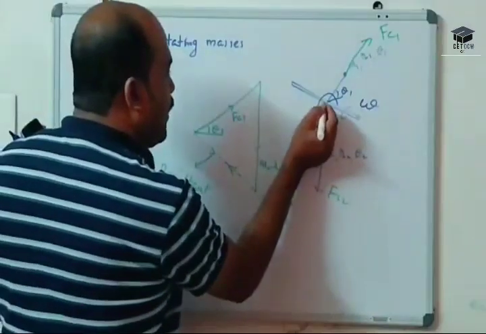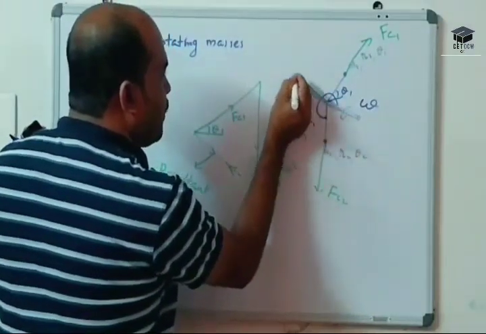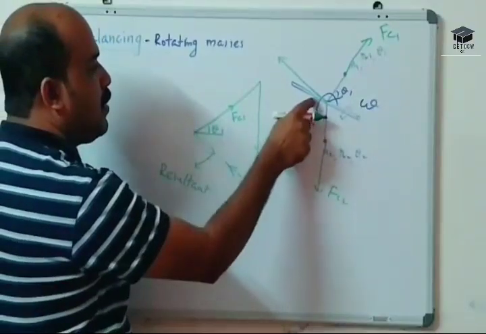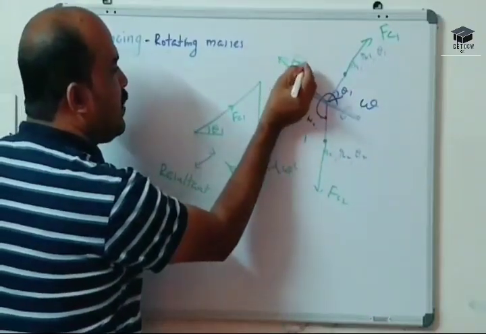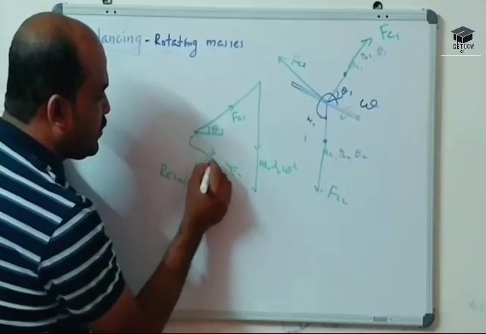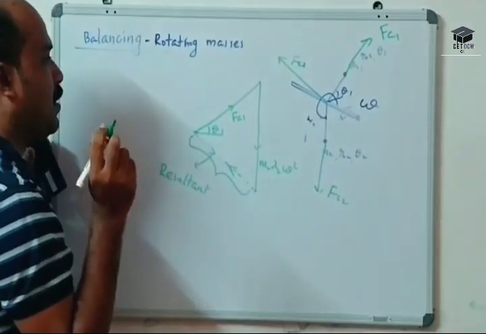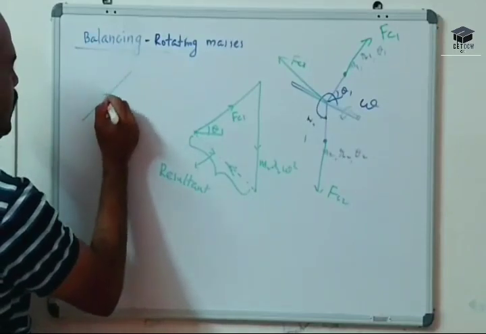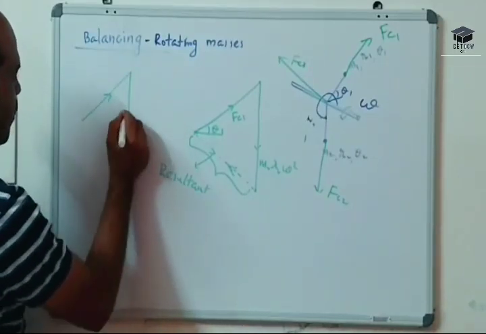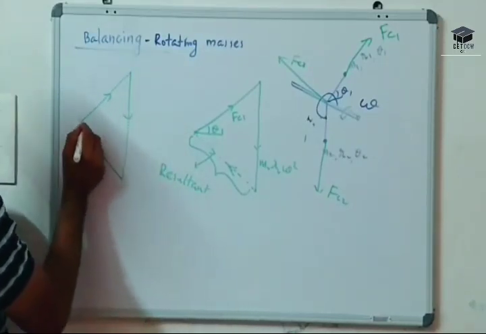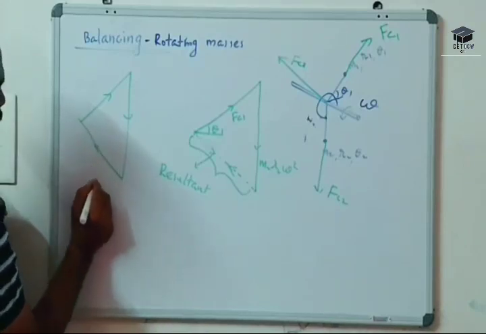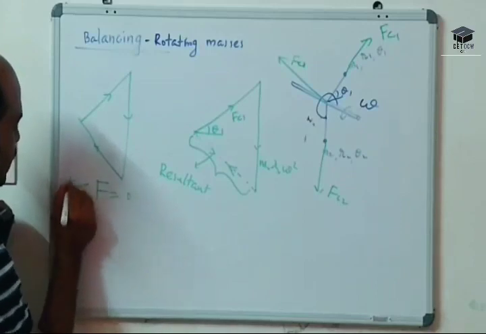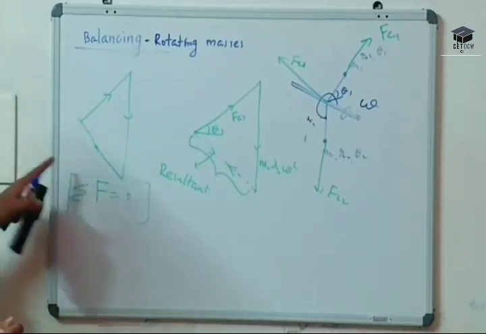So if you add another mass here, and if this Fc3 is same as this resultant, then again if you draw the force polygon, now you can see that the sum of F will be equal to 0. Now this is balanced.